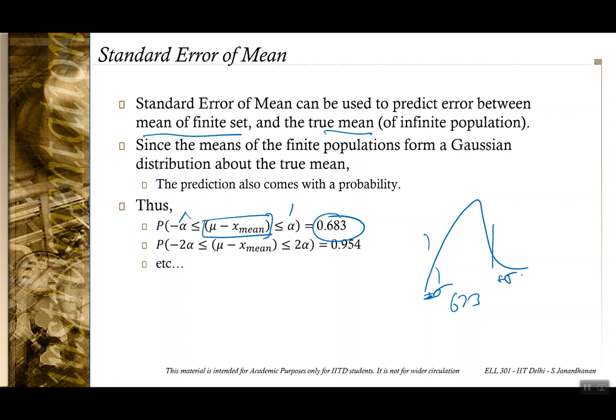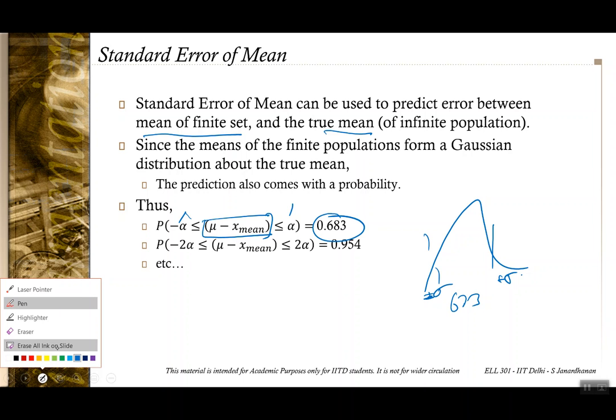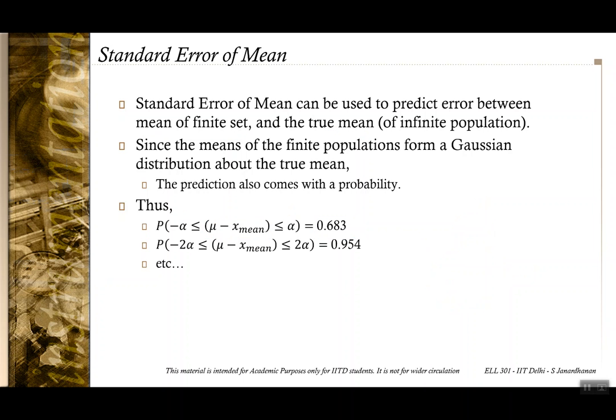Now, how will this be useful? We can use alpha to get an idea of how reliable it is, or how small or large the error of mu minus x mean is.